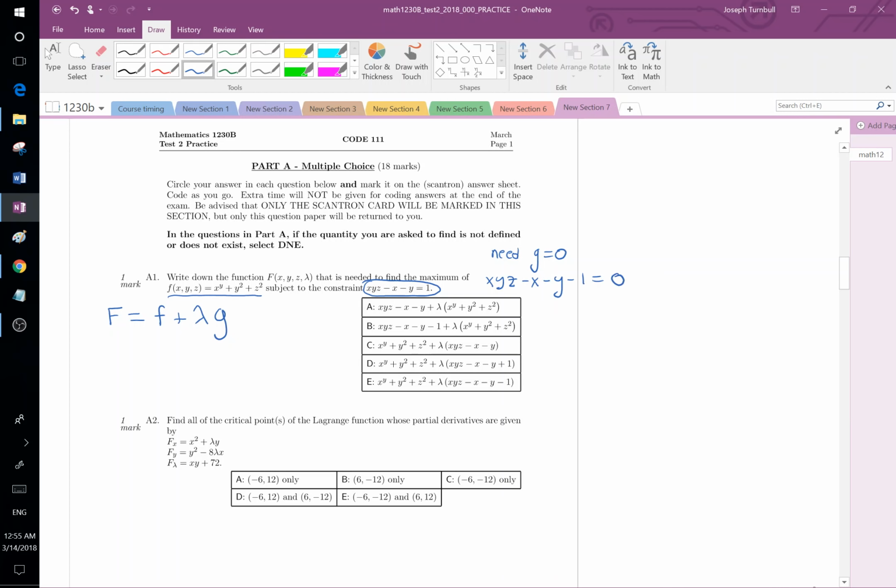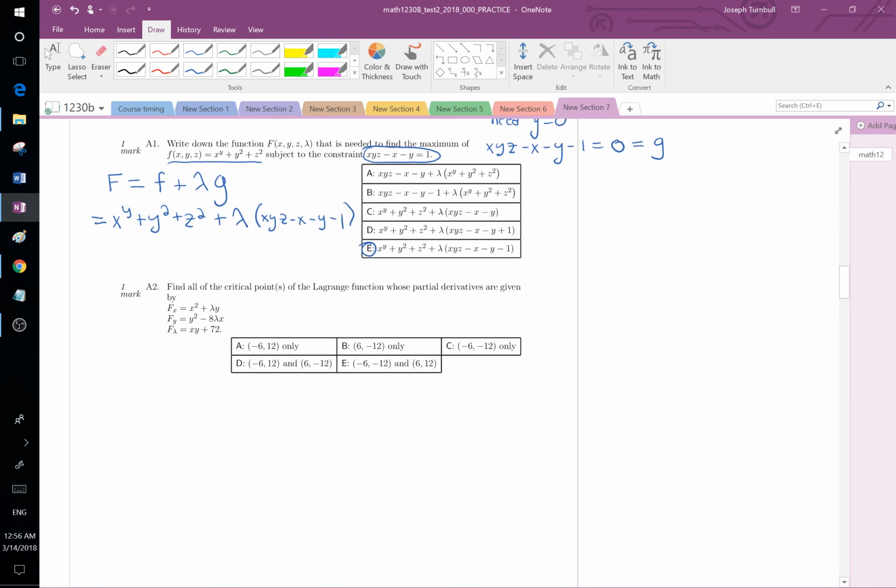Subtract 1 from both sides. So that's our g function. Now we can plug everything in. Our function is x to the y plus y squared plus z squared, then plus lambda times our constraint, xyz minus x minus y minus 1. So that would be choice E.